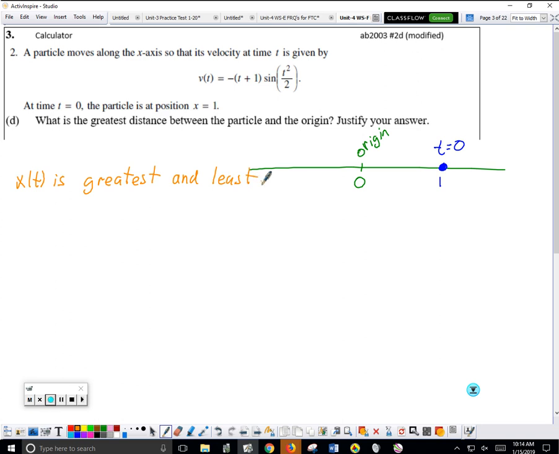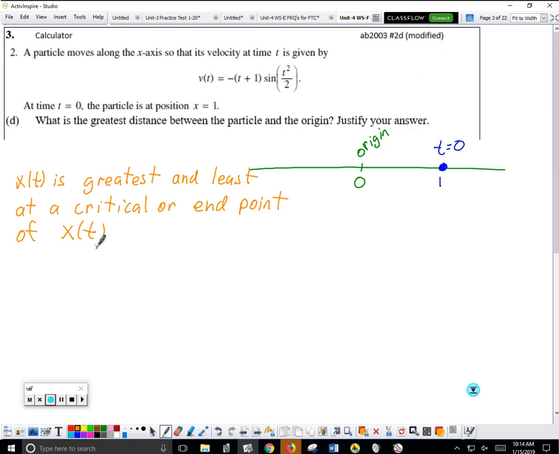Lowest meaning most negative value. So x of t is greatest and least at a critical or end point of x.